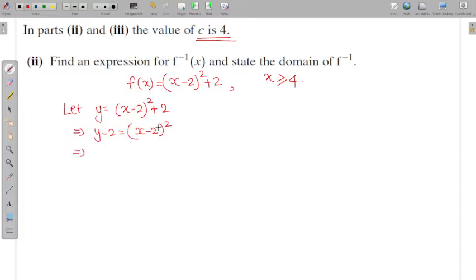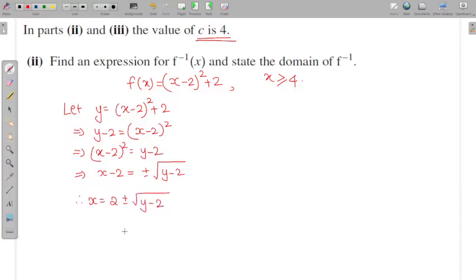Since I have to take a square root now, please use a plus or minus sign. So this will be x minus 2 equals plus or minus square root of y minus 2. Therefore x will be equal to 2 plus or minus square root of y minus 2.